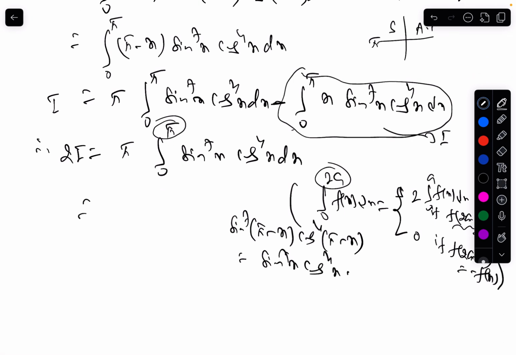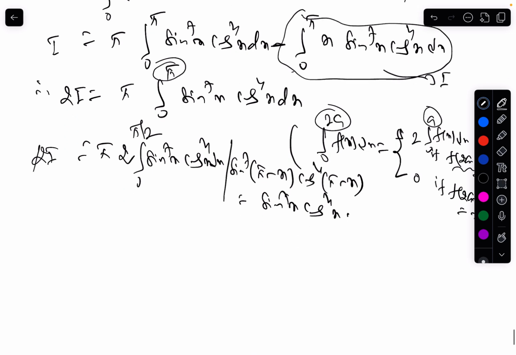So we can write this as 2 times 0 to a, half. So 0 to pi becomes 0 to pi by 2 sine power 7x cosine power 4x dx. These two cancel. So I equal to pi times integration of sine power 7 cosine power 4 from 0 to pi by 2.